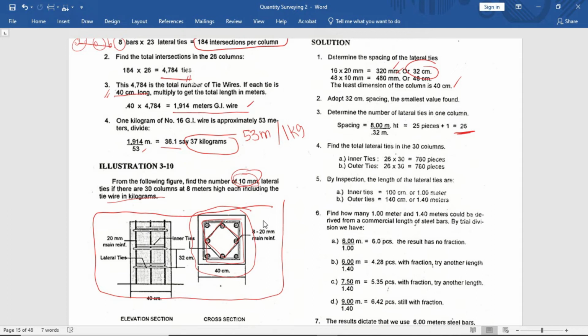So, for inner ties, there are 26 times 30. Saan galing yung 30? Ang 30 ay ang number of columns. So, 780. So, outer ties, same rin, 780. So, by inspection of the length of the lateral ties, tingnan muna natin dito yung lateral ties.